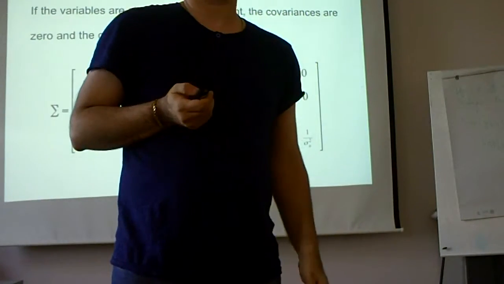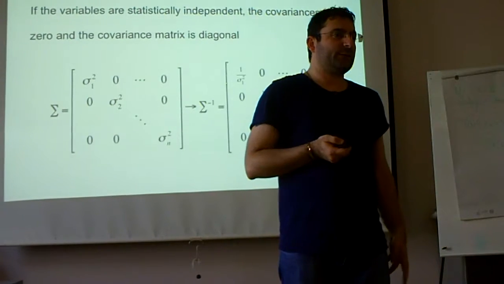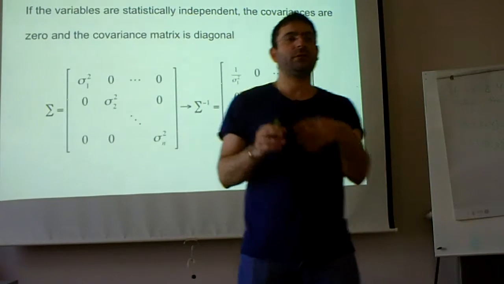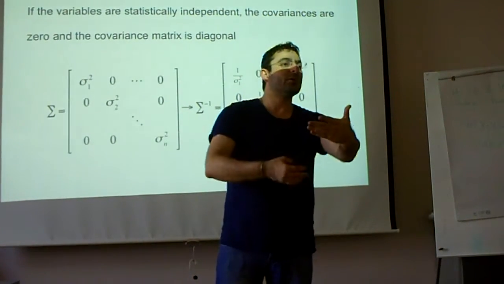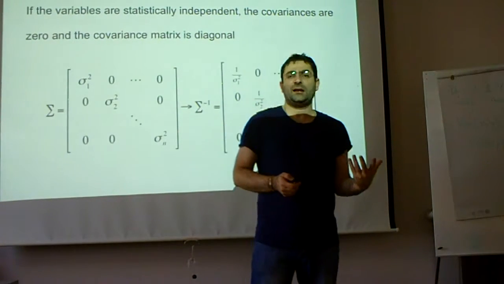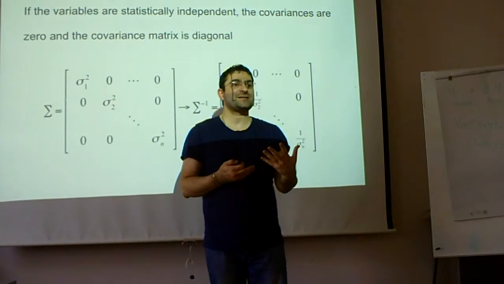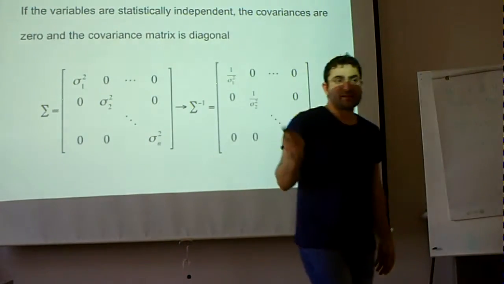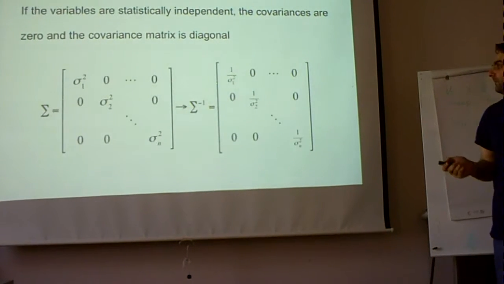You will see sets of formulas here, but you don't need to memorize any of them, in the sense that if you are simulating anything or writing an exam, you always have the formula in front of you. The important thing is that you have to be able to analytically look at which of these distances will be more appropriate for your application. So lots of distances, lots of methods. The question is which method is more appropriate.